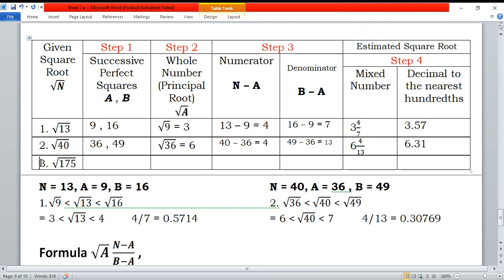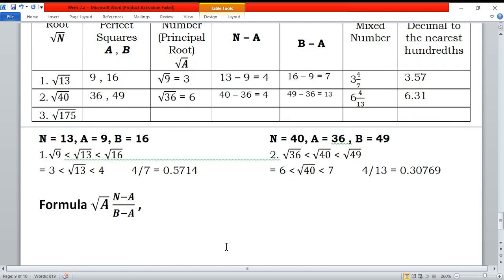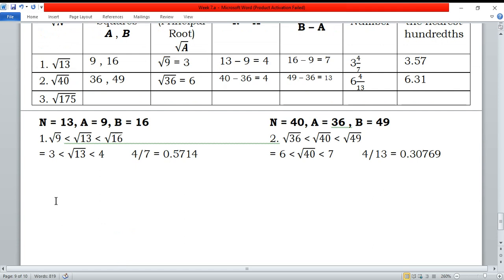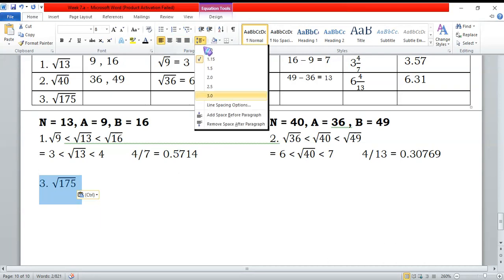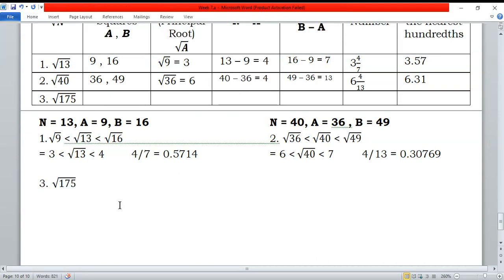So this time, let's have square root of 175. Okay, gagawa rin tayo dito. So, square root of 175. Lalagay. Square root of 175. Okay, square root of 175. Saan siya malapit?